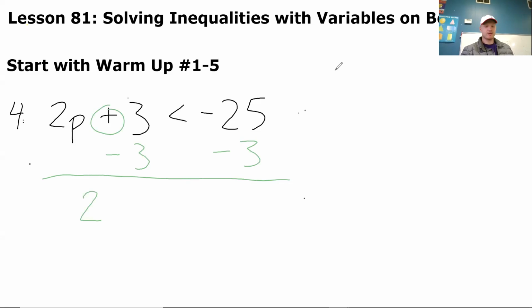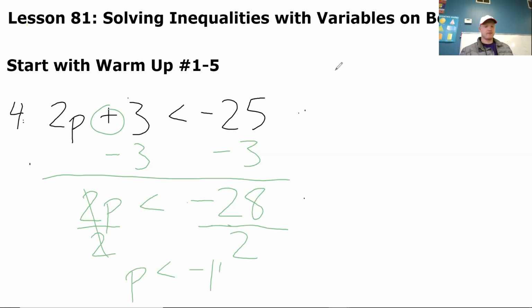We are left with 2p is less than negative 28, right? Because negative 25 minus 3 is going to be a negative 28. Then divide by 2 to both sides to get that p by itself. You are left with p is less than negative 14.